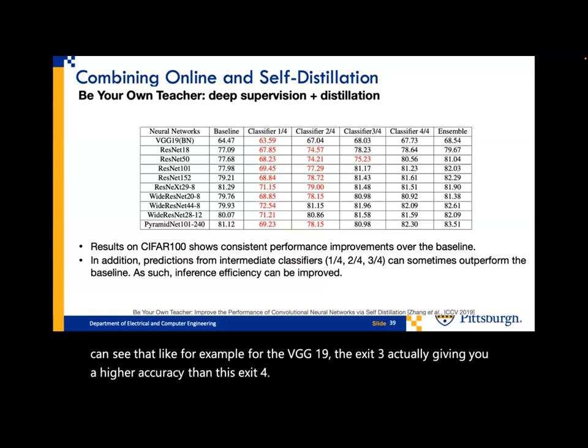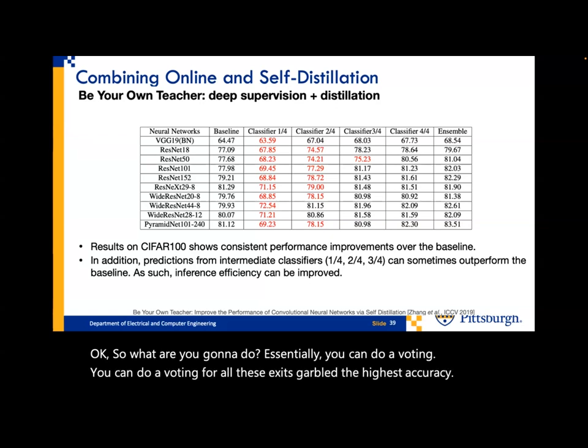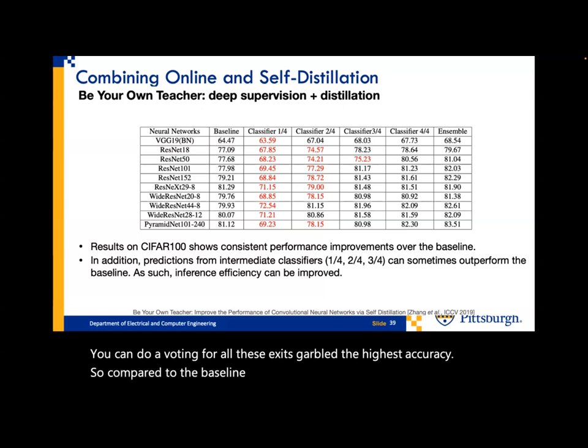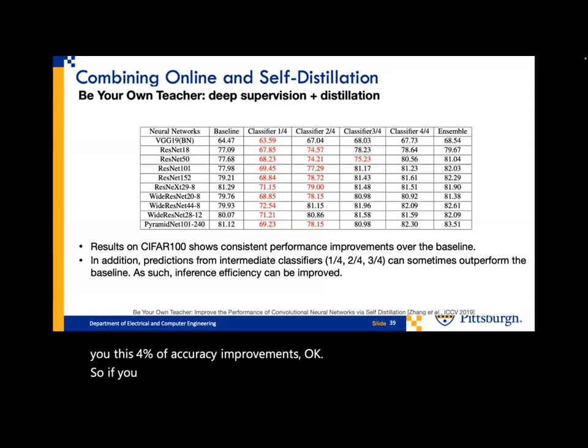So what you can do is a voting across all these exits to get the highest accuracy. Compared to the baseline, which is only the final exit, this gives you a 4% accuracy improvement. So they show consistent improvement.